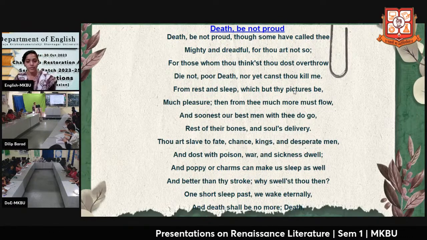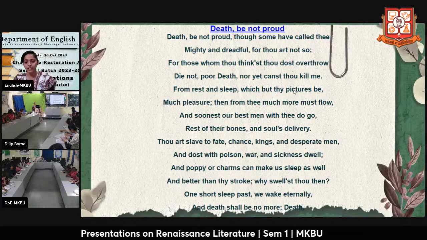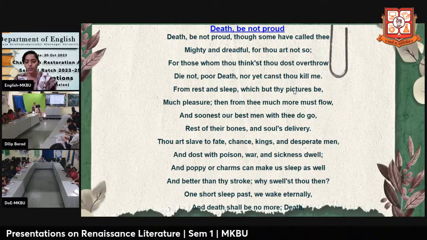Now, here is a brief overview of the poem.